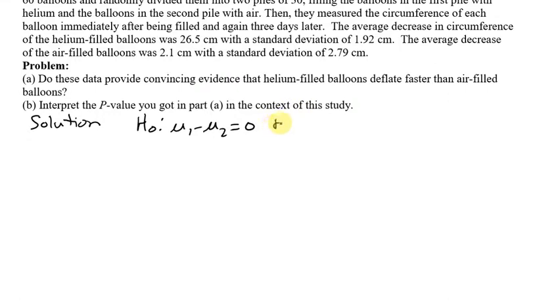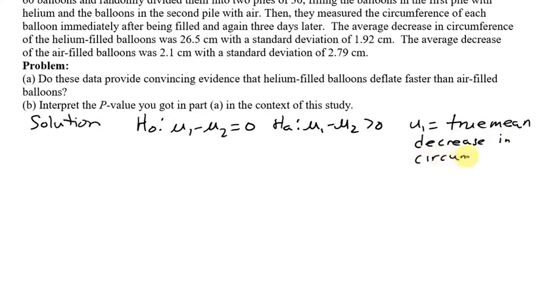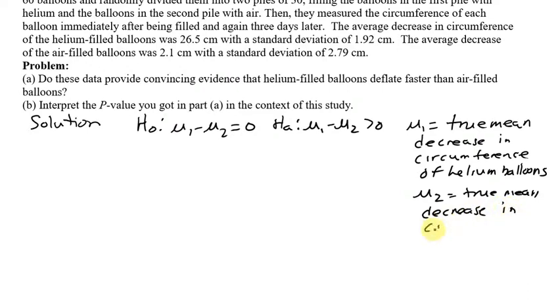And our alternative hypothesis would be that mu sub 1 minus mu sub 2 is greater than 0, where mu sub 1 equals the true mean decrease in circumference of helium balloons, and mu sub 2 would be the true mean decrease in circumference of air-filled balloons.